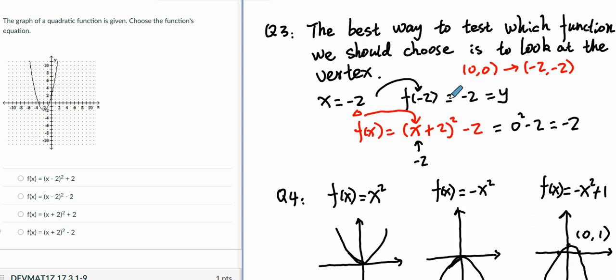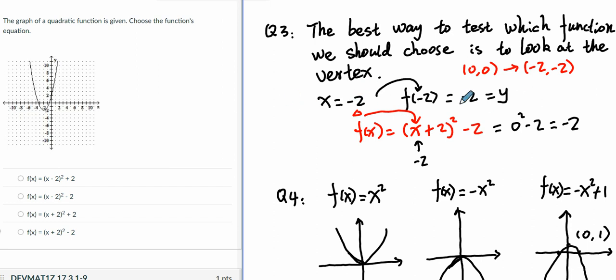Now, if we plug in -2, we should have -2 for y. This is what this picture says. See here. If we plug in -2 for x, we should have -2, the lowest point, for y, right here.